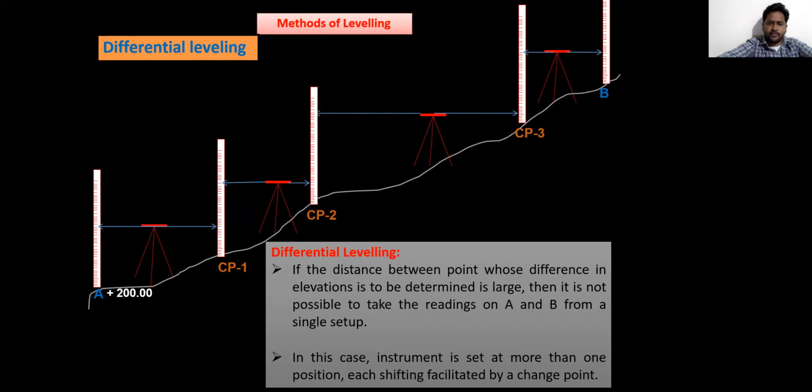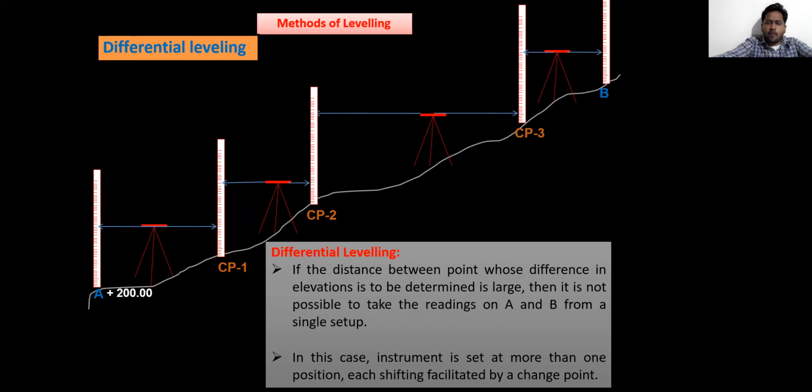Differential leveling. What is differential leveling? If the distance between points whose difference in elevations is to be determined is large. Whenever you are conducting differential leveling, there will be a larger area. In this larger area, we are going to take the elevations at all the stations, all over the field.